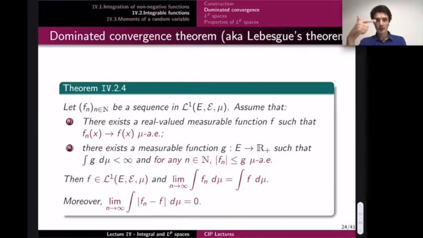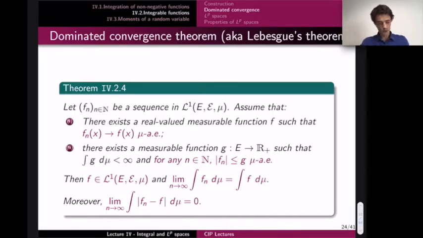That's the first assumption. The second assumption is, of course, the domination assumption, which goes like this. There must exist some function g, which does not depend on n, which is integrable. So it's non-negative, not in R plus bar, and its integral has to be finite. And for any n in capital N, the absolute value of fn is less than or equal to g μ-almost everywhere.